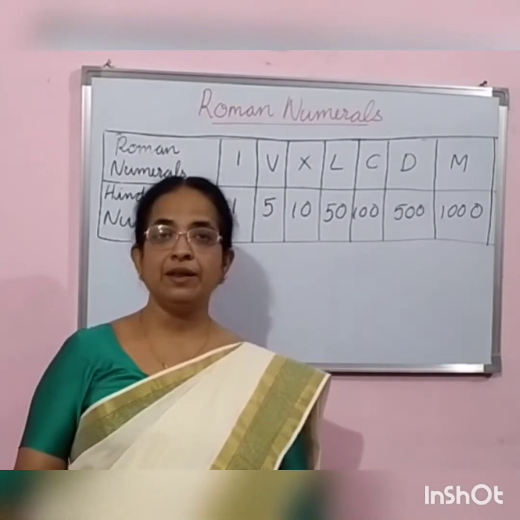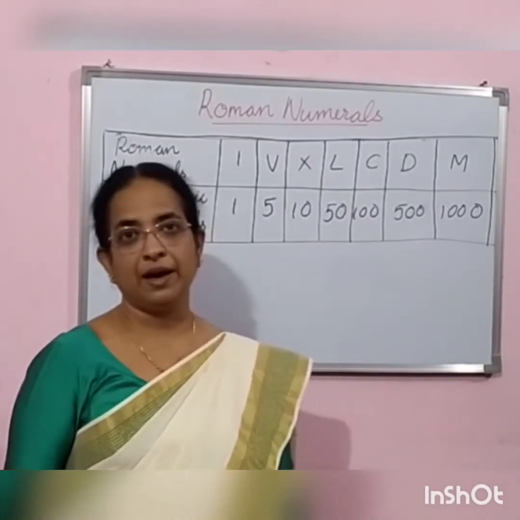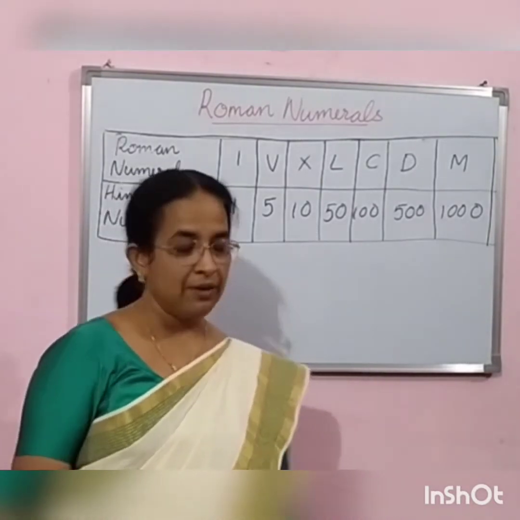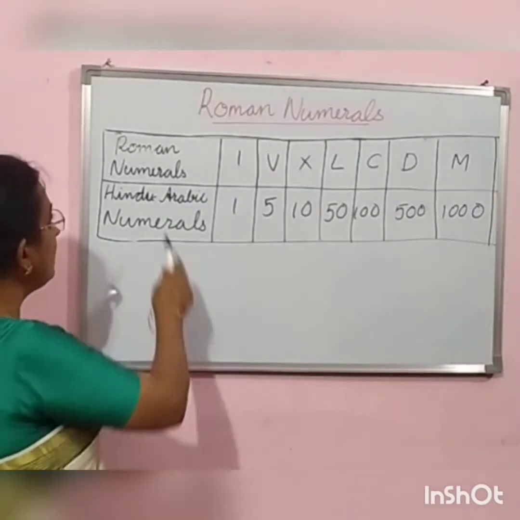There are 7 symbols in the Roman numerals. Which are the 7 symbols?